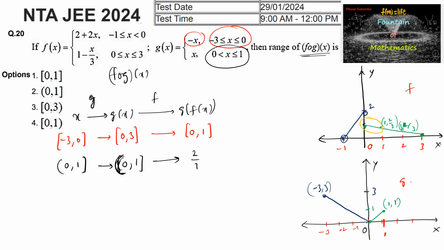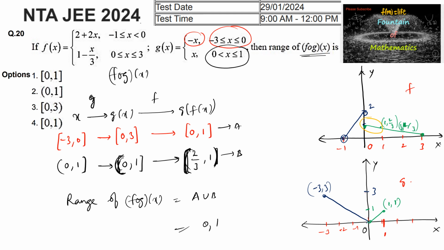So we can say 2 by 3 to 1, because 0 is excluded, so we can write closed 2 by 3 comma 1. And to get the range of the function f circle g of x, these are the two sets, we take the union. So the set A union set B is nothing but 0 to 1 we'll get. So 0 to 1, which is option A. So option A is the answer.